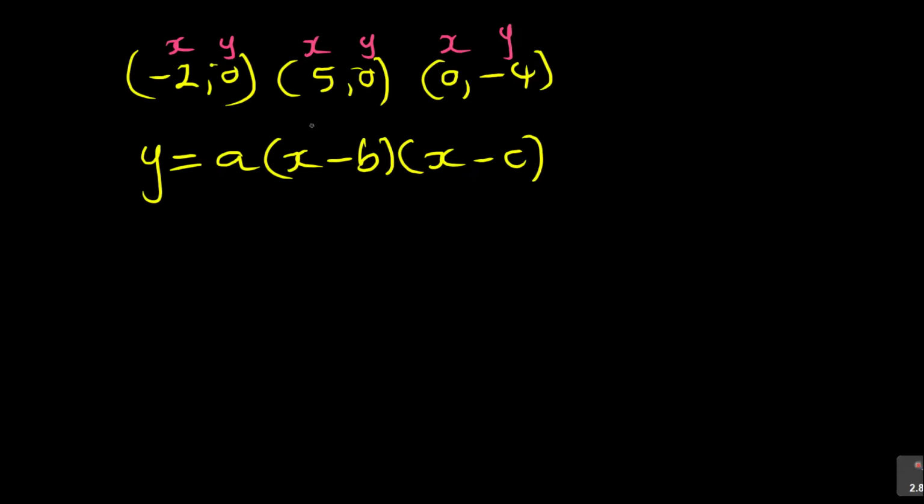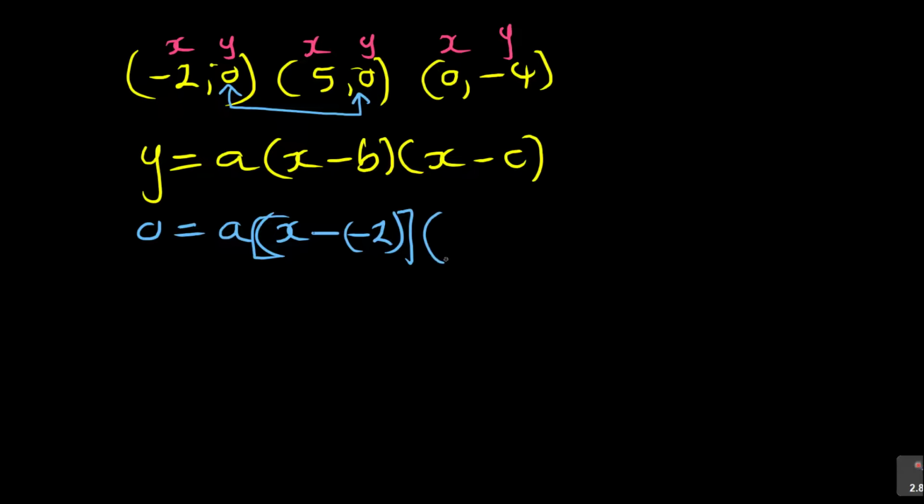First one, you substitute. When y is 0, remember y is 0 on 2 occasions. You see that? So we've got x minus b, bracket x plus 2, and bracket x minus 5.